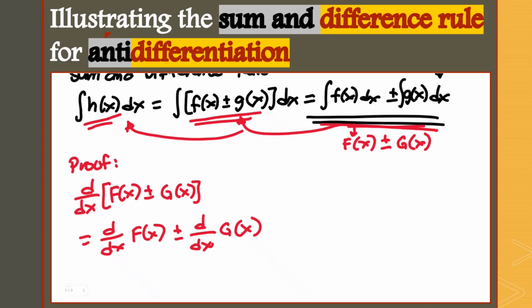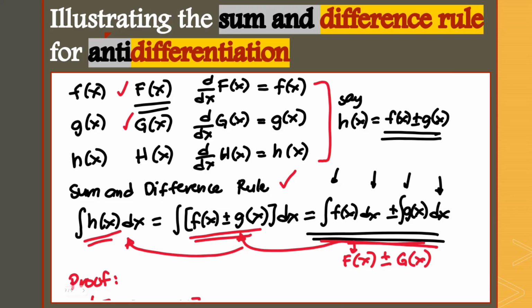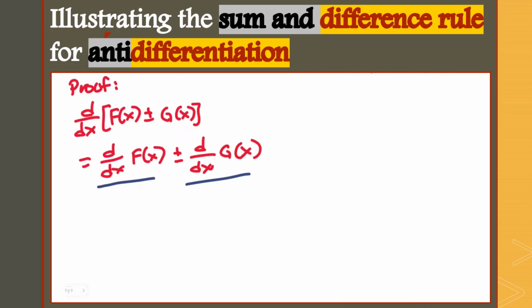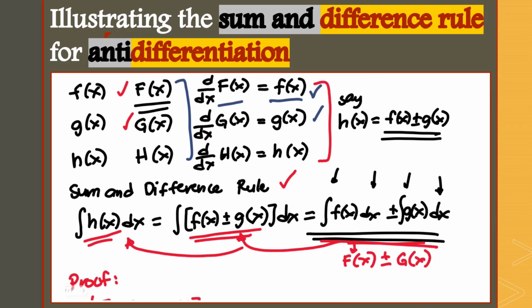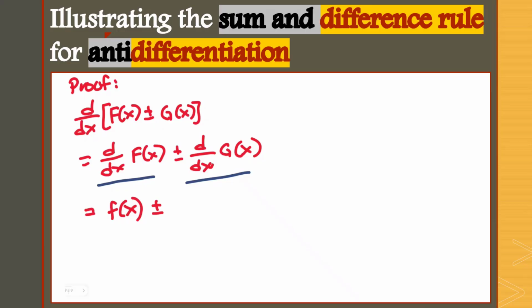And of course, once we reach here, we can go back to the situation earlier that these were all true because this satisfies these functions. So the derivative of F of x with respect to x would be your small letter f of x, plus-minus the derivative of your G of x with respect to x, which is your small letter function g of x.